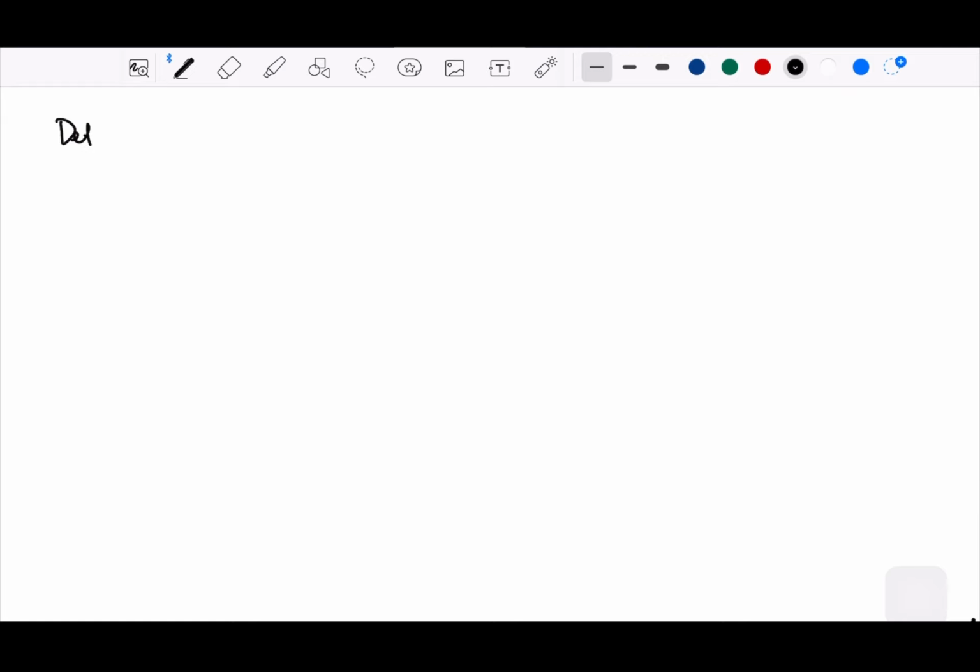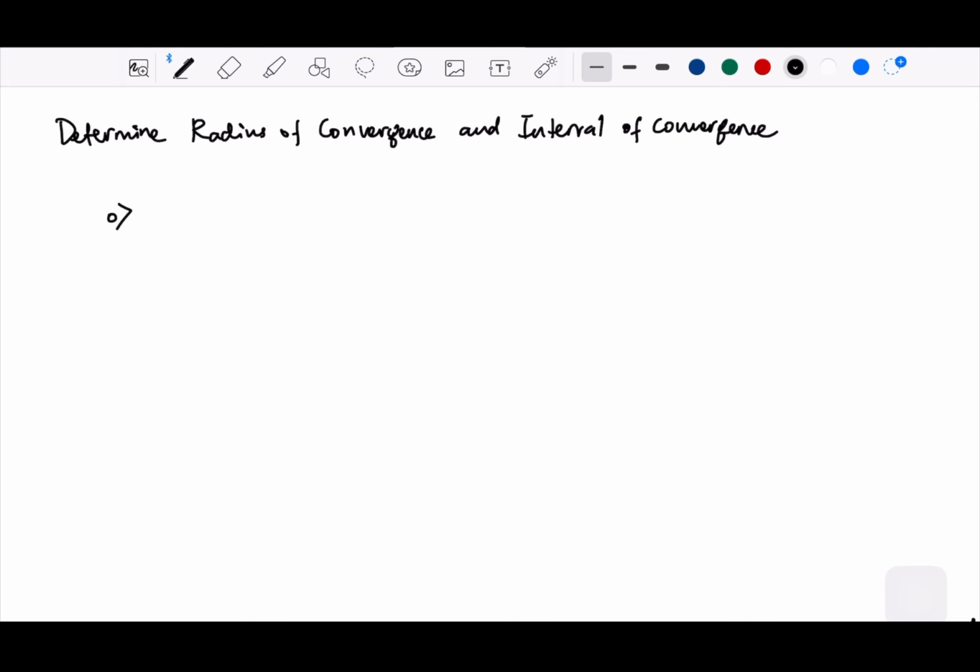Determine the R, or radius of convergence, and interval of convergence. That's the first one.